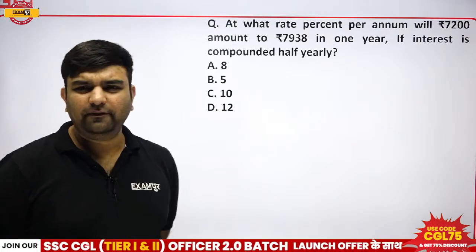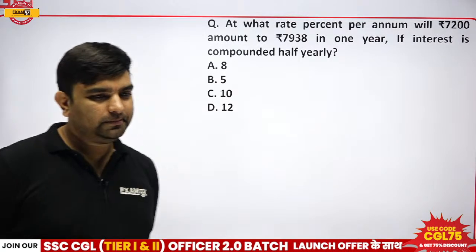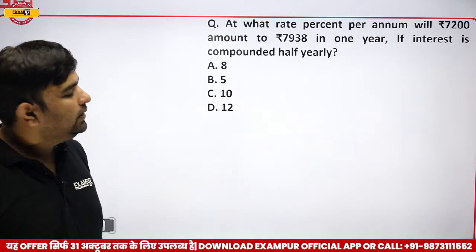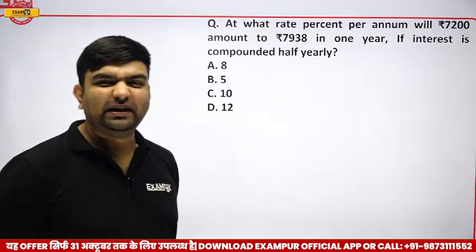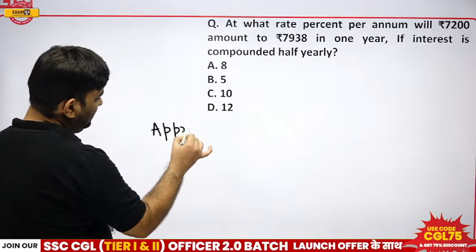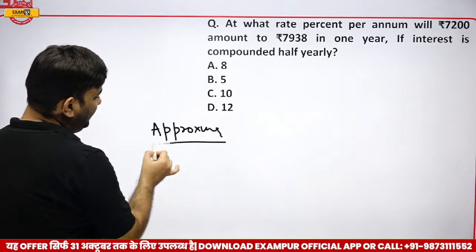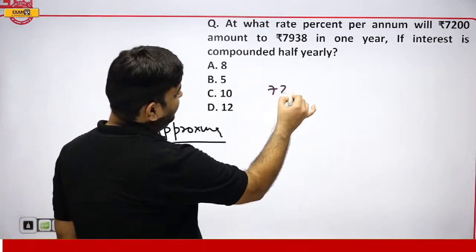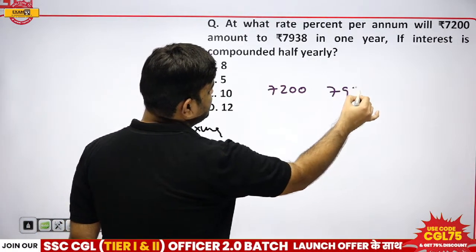Okay, no, it's a simple one. I'm talking about the approximation method. Like 7200 is becoming 7938.